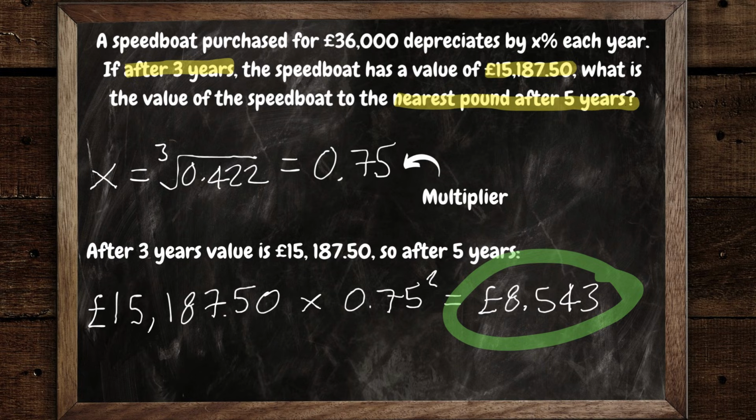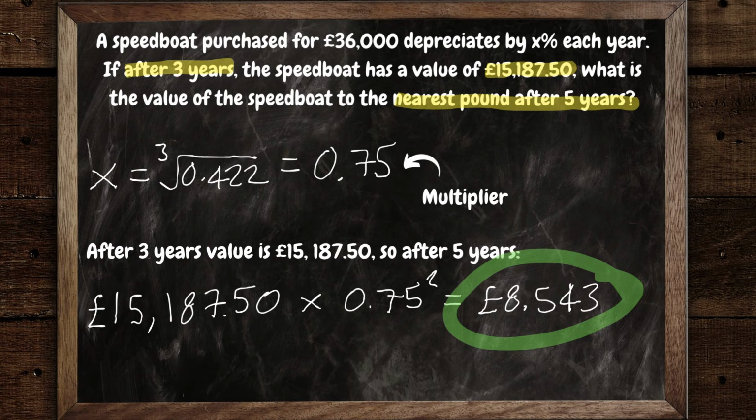So now we know what the depreciation rate is, we can work out the value of the speedboat after 5 years. So we know that the value of the speedboat after 3 years is £15,187.50. So if it depreciates by 25% for another 2 years, then we can work out the question like we did for the previous question. So 100 minus 25 gives us 75%, and the multiplier is 0.75, as I mentioned before.